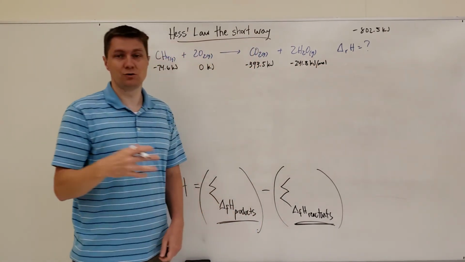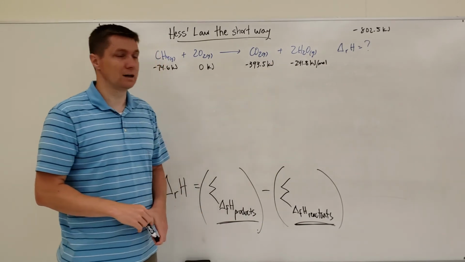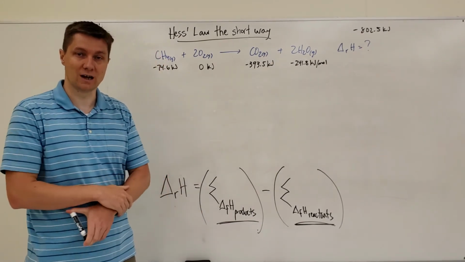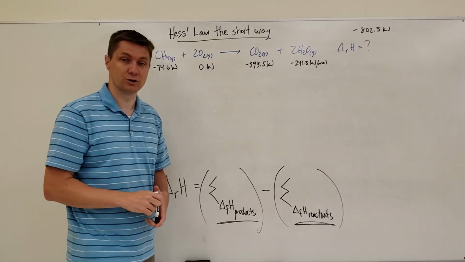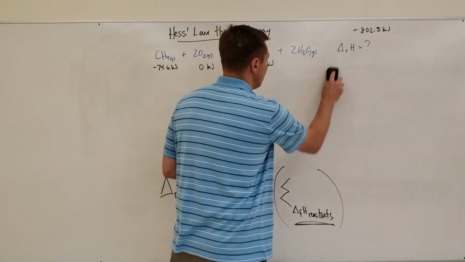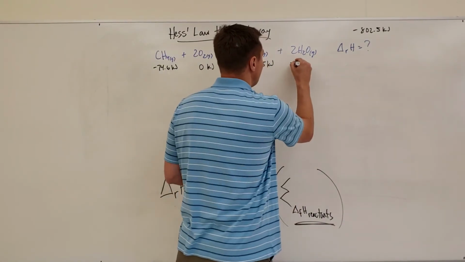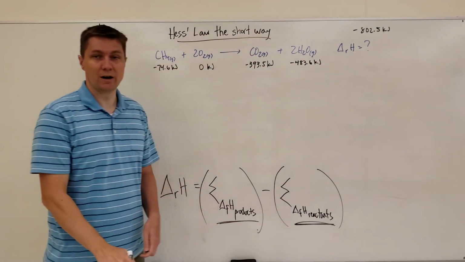Because I have 2 moles of water vapor in this chemical reaction, I need to multiply that number by 2 moles. The moles cancel again, but it also changes the number to negative 483.6. And so there's my numbers.